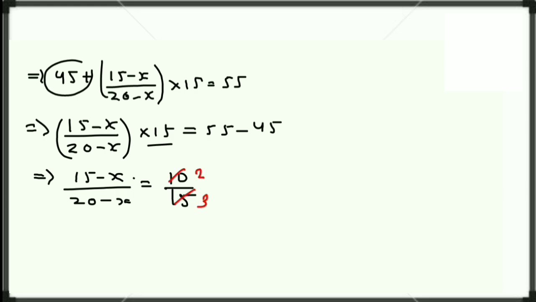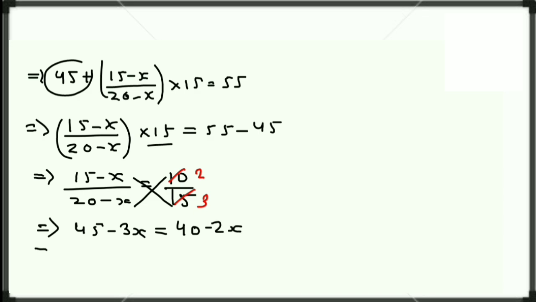Again, after doing cross multiplication over here, we obtain 45 minus 3x equal to 40 minus 2x.